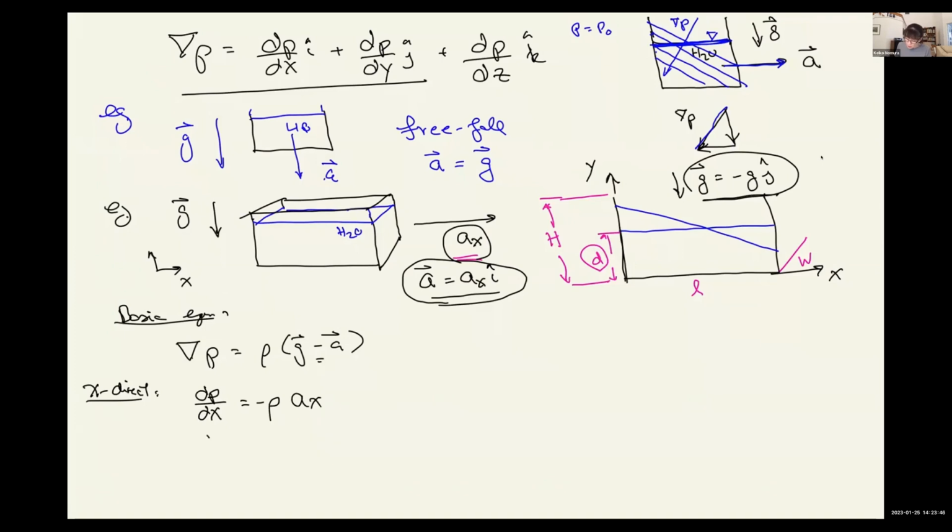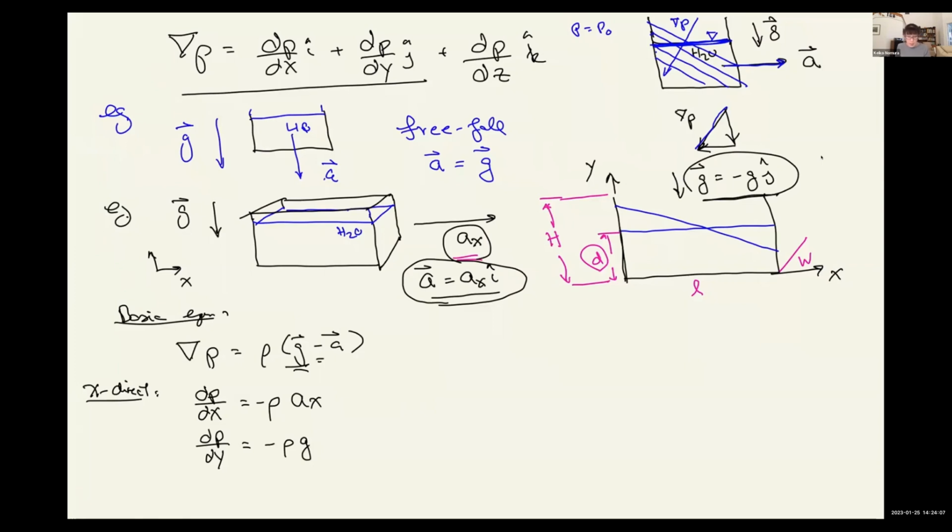Then in the y direction, we're going to have partial p partial y. And then we'll have our gravity, which is in the minus y direction. So we're going to write minus rho g.